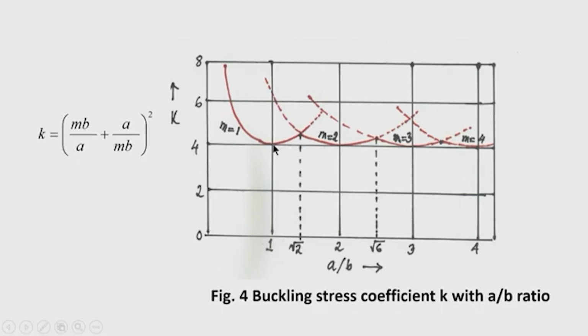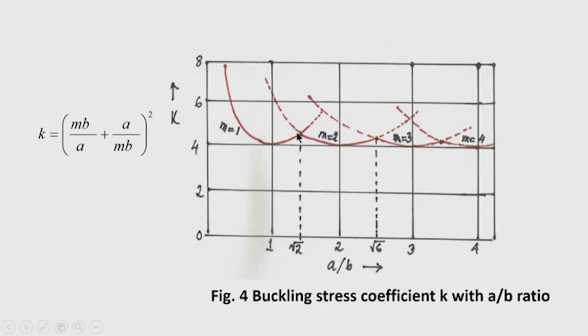Okay. Now, for m is equal to 2, for any integer value of a by b, we have seen that the critical stress coefficient is 4. Okay. So, here again it is conforming to the result. Okay. Now, any other value on this curve.